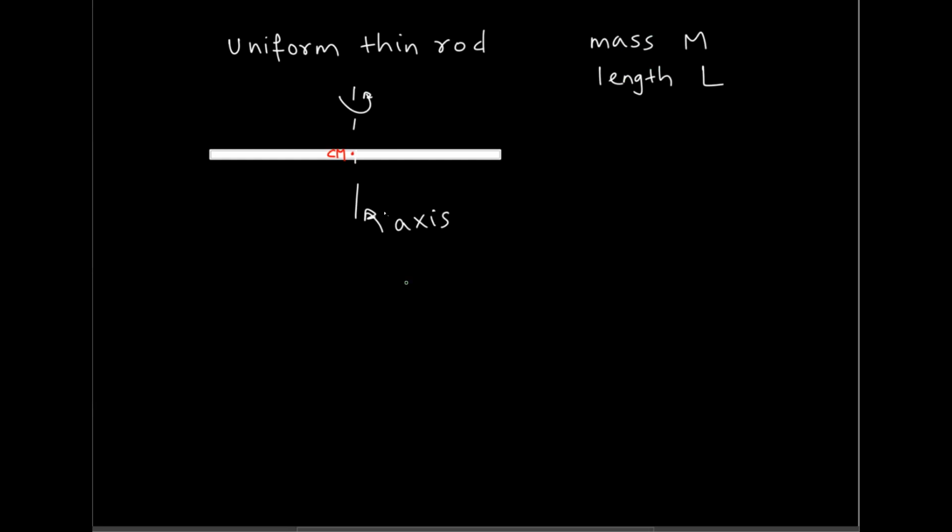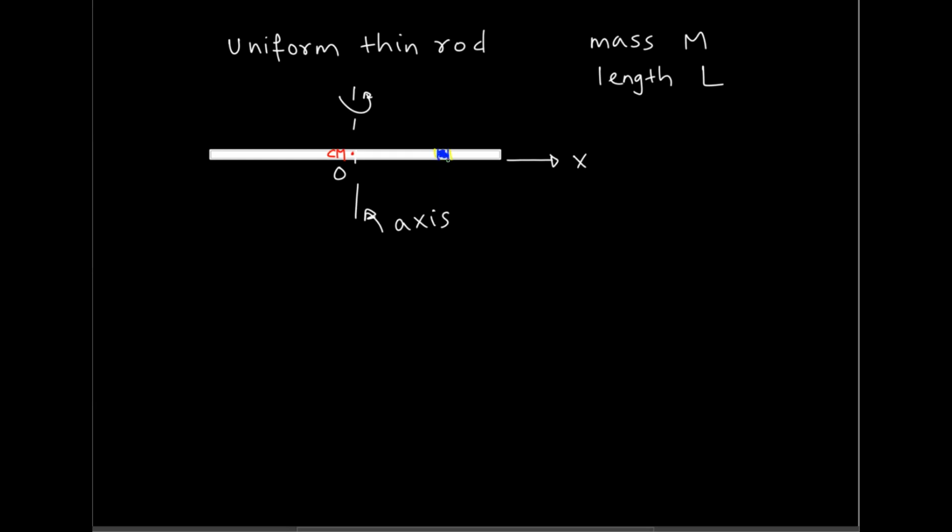Okay, so we can take this as the origin, and then this is, let's say, our x-axis. Somewhere here, I'll take a different color. Okay, so let's say this is a sample piece.